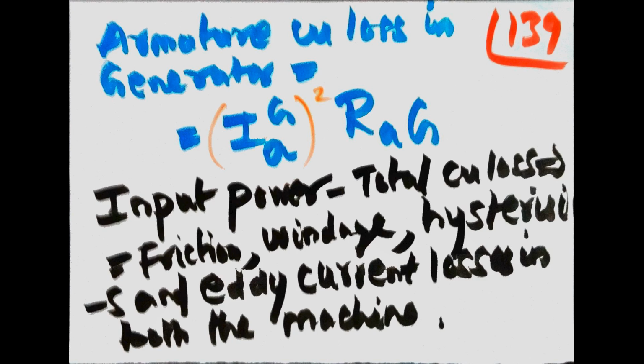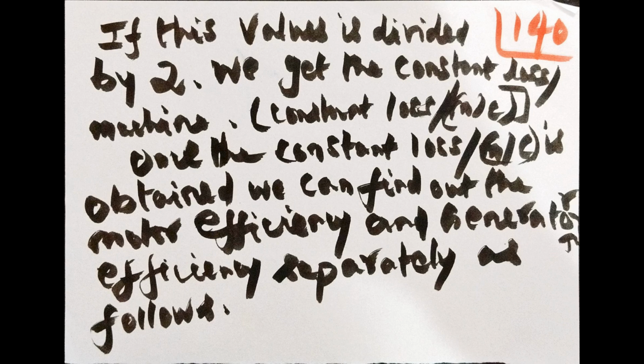Armature copper loss in the generator is equal to (IA(G))² RAG, the generator armature resistance and generator armature current. Input power minus total copper loss is equal to the friction, windage, hysteresis and eddy current losses in both machines. If this value is divided by 2, we get the constant loss per machine.